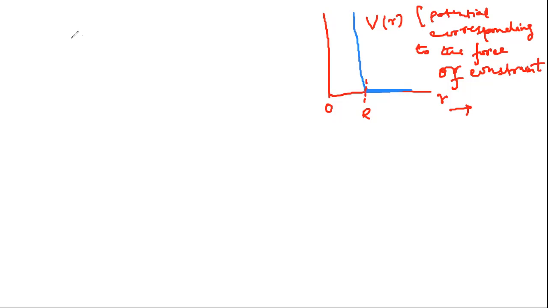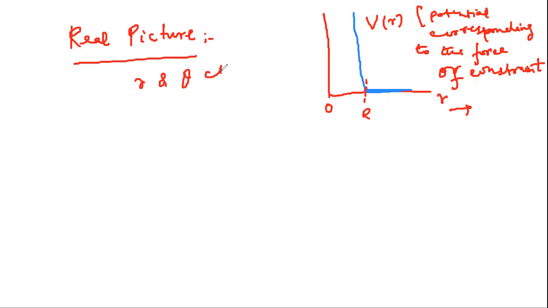So in the real picture, r and theta change with time, right? Now, in this situation, when I take the variation of r and theta into consideration with time, what will be the form of my Lagrangian?